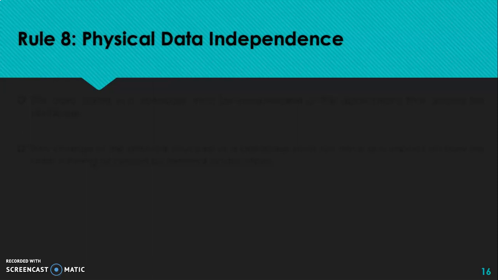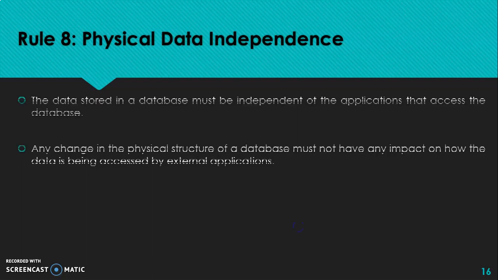Then we have rule number 8, that is physical data independence. The data that is stored in a database must be independent of the application that accesses the database. We have already seen that in the levels of abstraction. So data must be independent of what the application is.